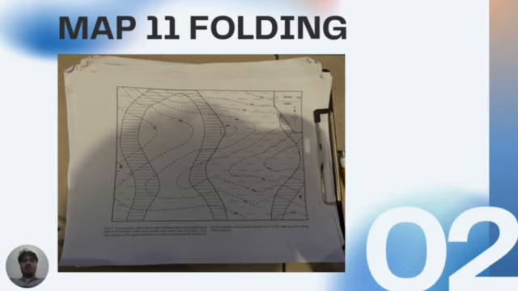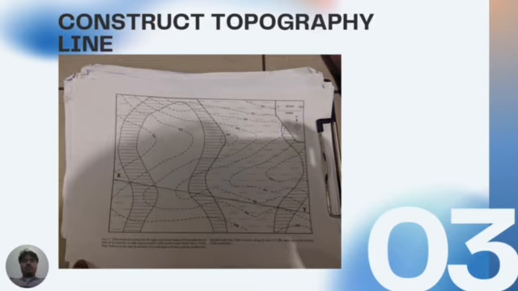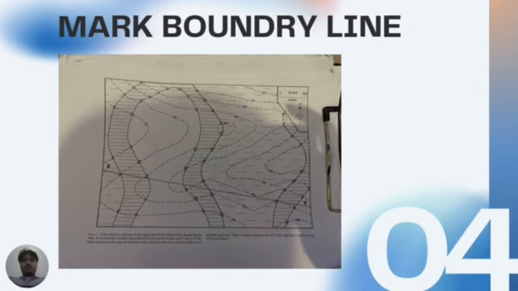In this map, the first step to construct a topography line for the folding is to connect the X and Y points that we can see in the picture. Next, mark the boundary line.